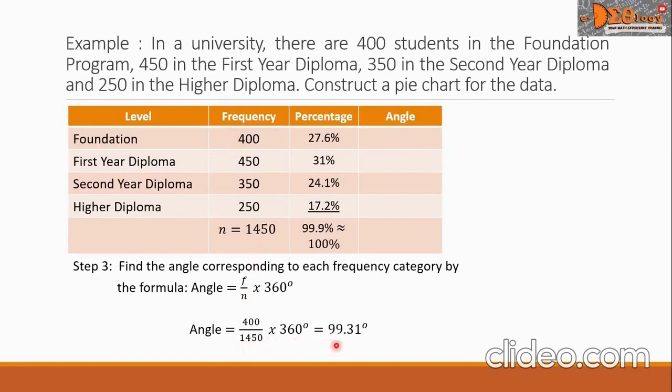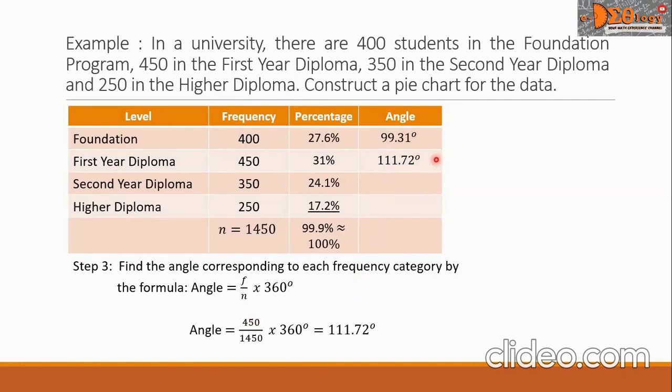This is equal to 99.31 degrees. This value we will copy on this blank. So we have now this 99.31 degrees. Next, for this blank, we will follow the same formula. So we will get 111.72 degrees.